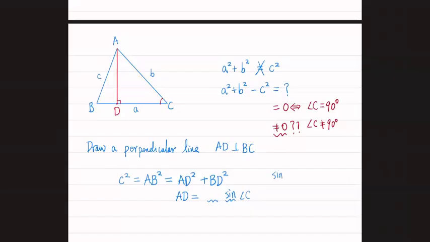Sine C equals AD over DC. AD over DC, that will be tangent. Oh, it's AC. Okay, the hypotenuse will be AC. So now we see here is AC.